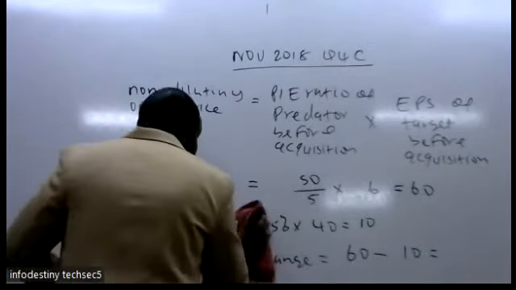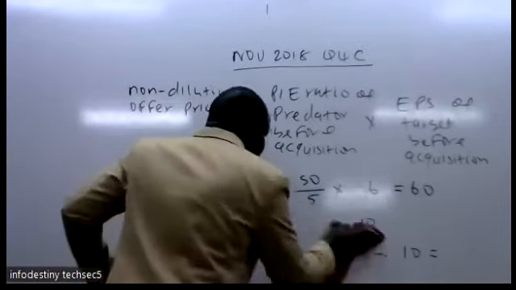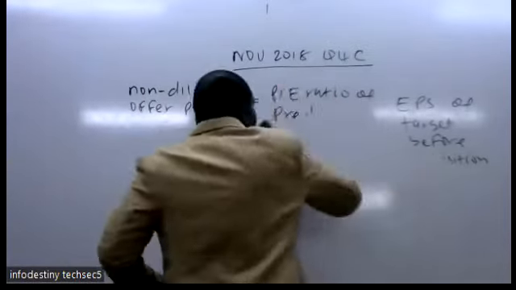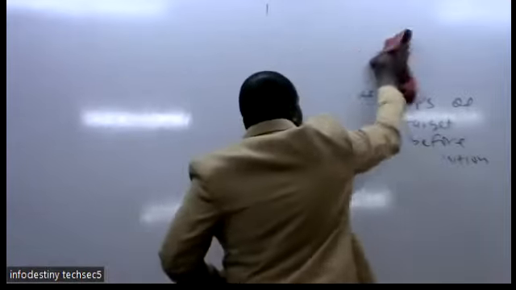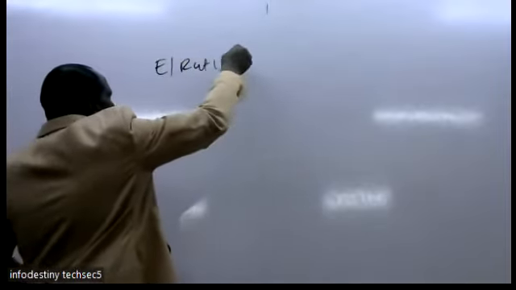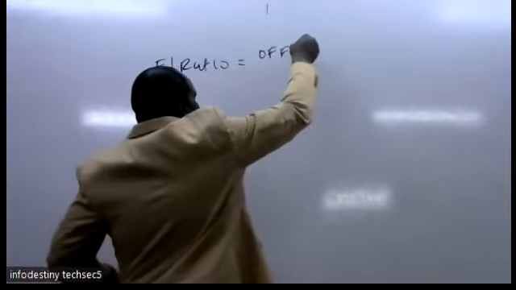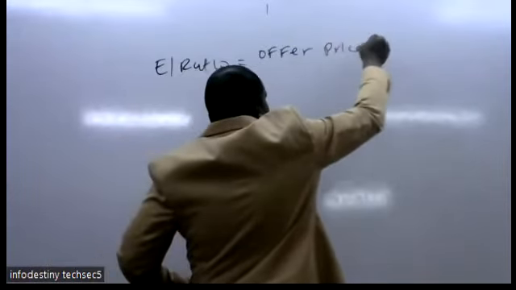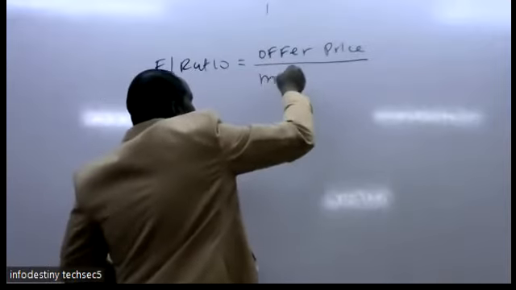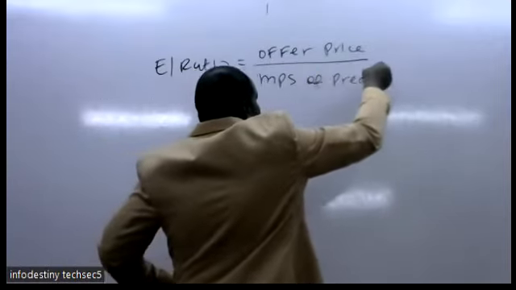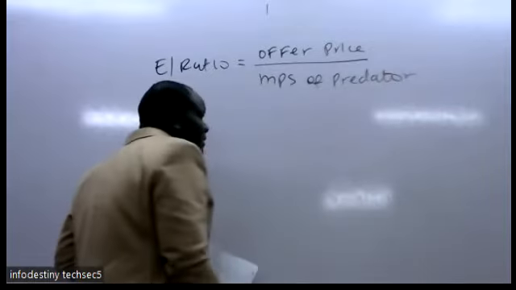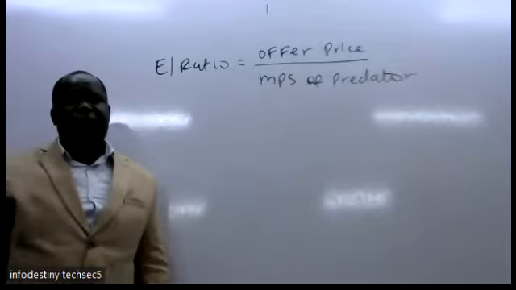So first we calculate the exchange ratio. To calculate the exchange ratio, we simply take the offer price and divide by the market price per share of the predator.